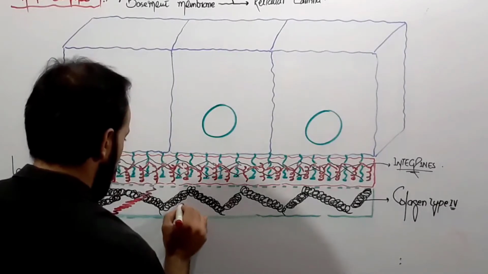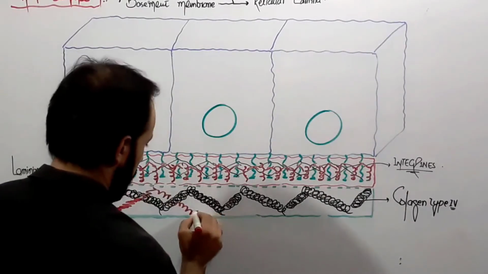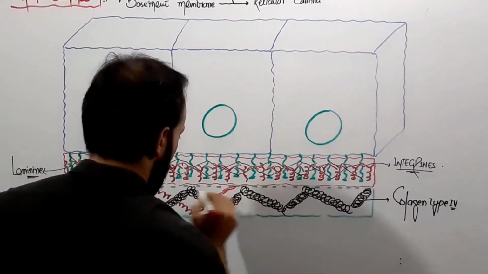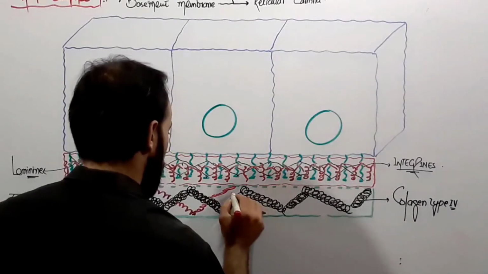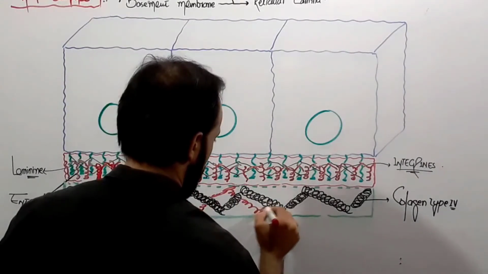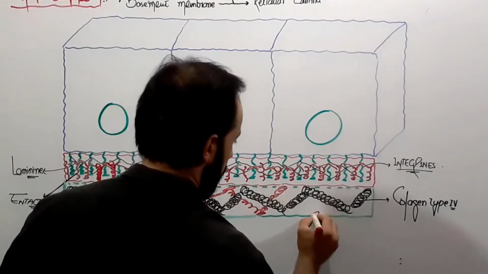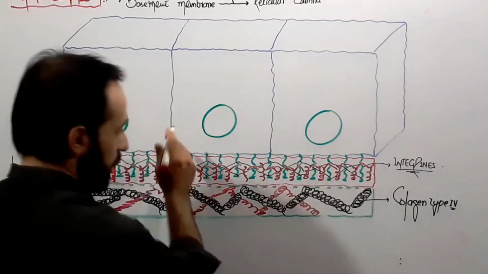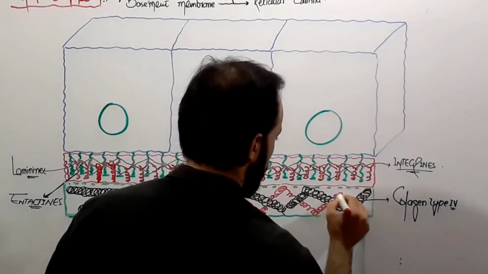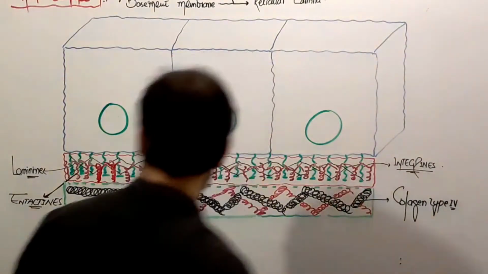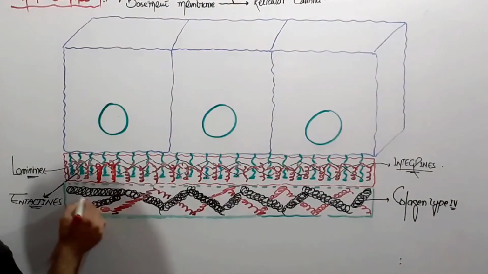So these are the fibronectin proteins found in the lamina densa, right? You can see that this lamina is a little bit denser than the first layer, so that's why we call it lamina densa.